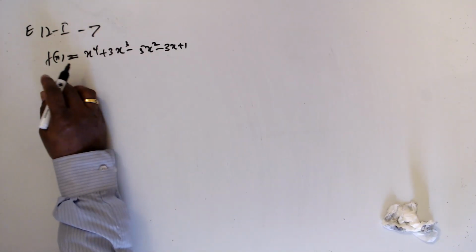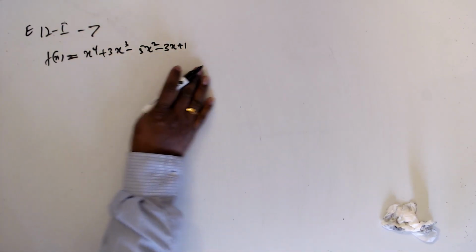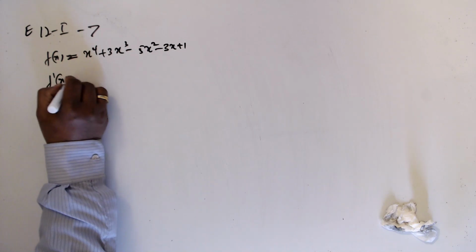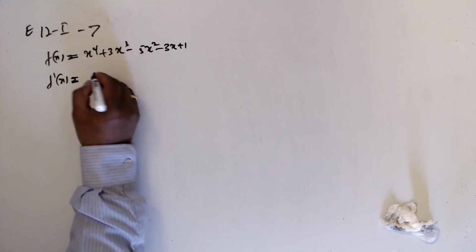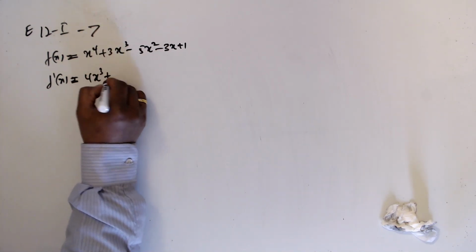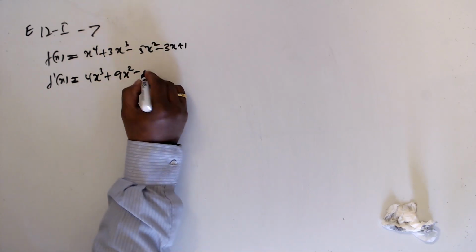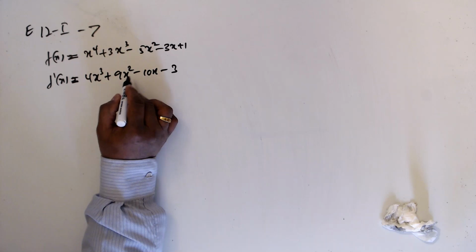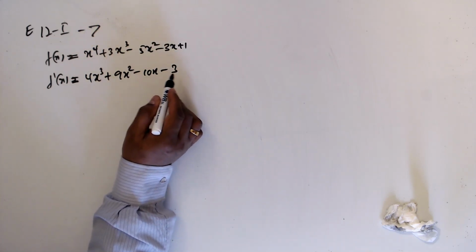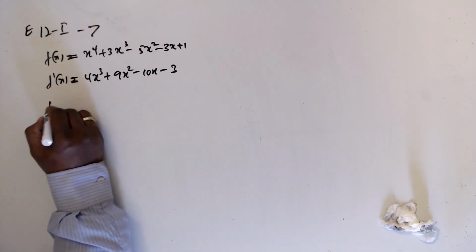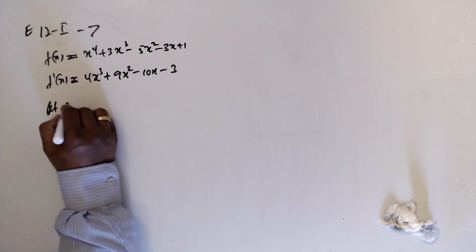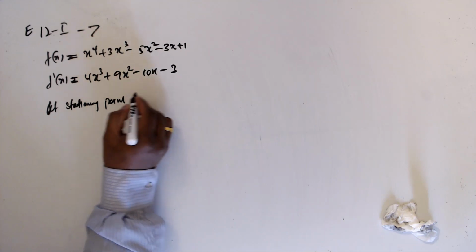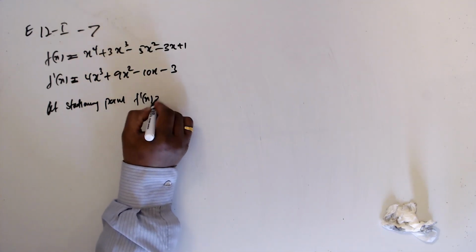Question number 7, we need to find the stationary point. So the process is we want to find the first derivative, then at the stationary point f dash x equals 0.